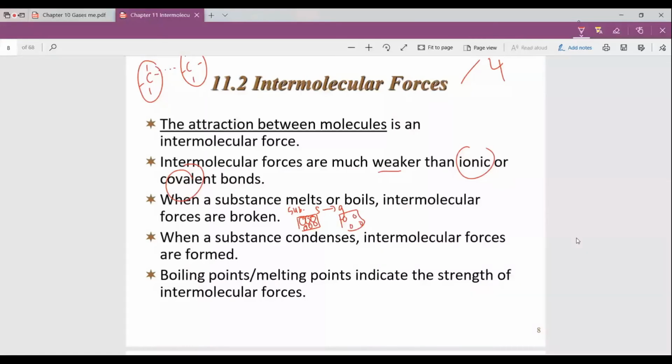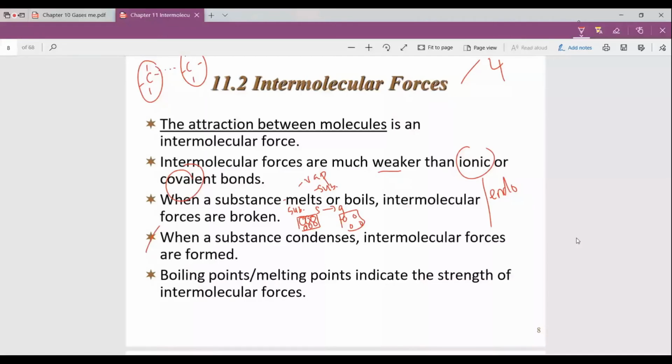So when a substance melts or boils or sublimes or vaporizes, these terms, the intermolecular forces are broken. So this is endothermic, meaning that enthalpy is positive. We absorb the heat.